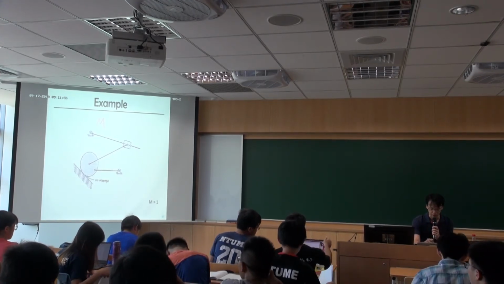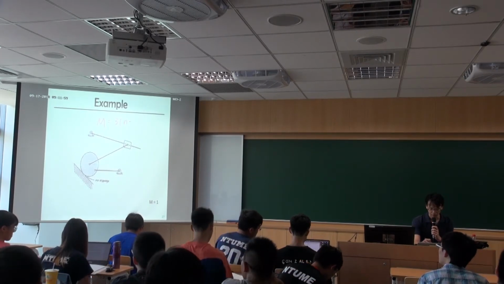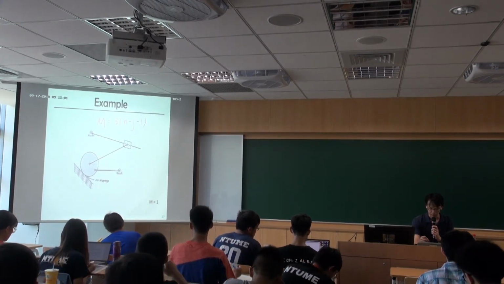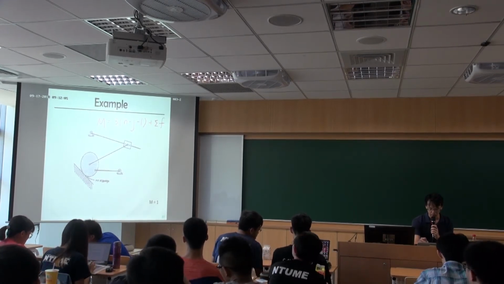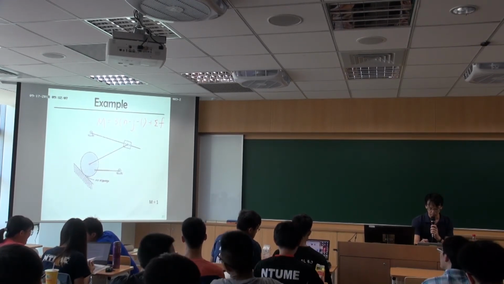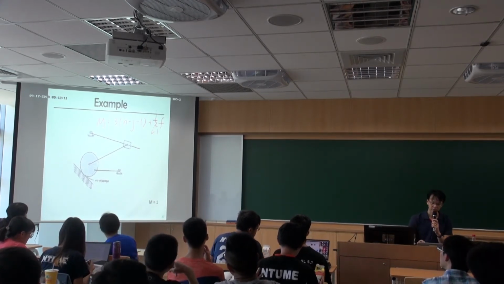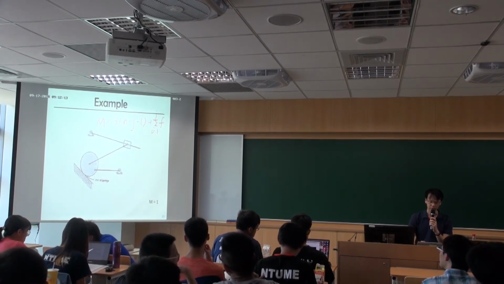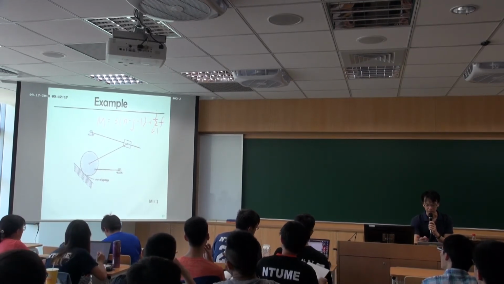So use the equation to determine the mobility. The equation, I think, is fairly simple. It's basically 3 times n, where n is the number of links.